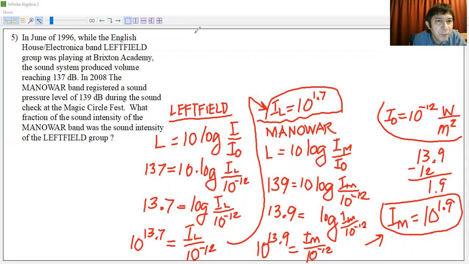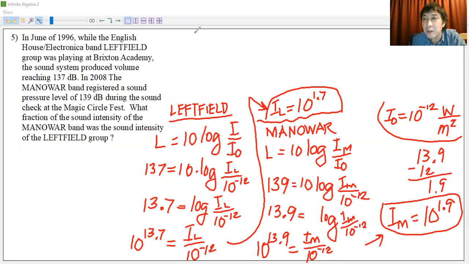All right, so let us have the third statement. What fraction of the sound intensity of the Manowar band was the sound intensity of the left field group? The Manowar band is the larger.